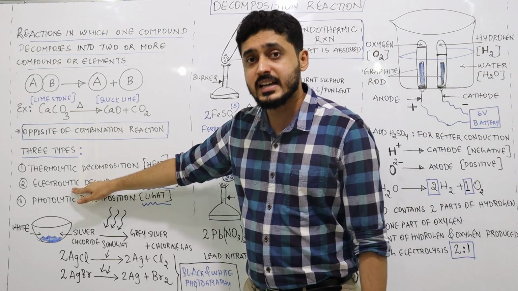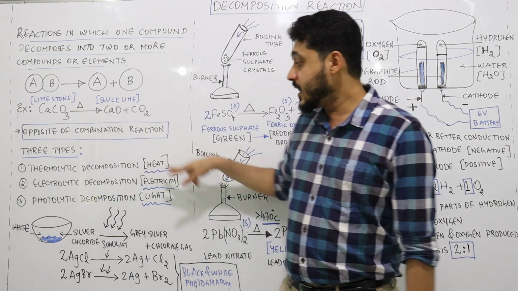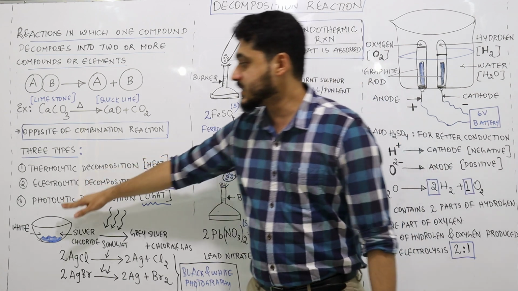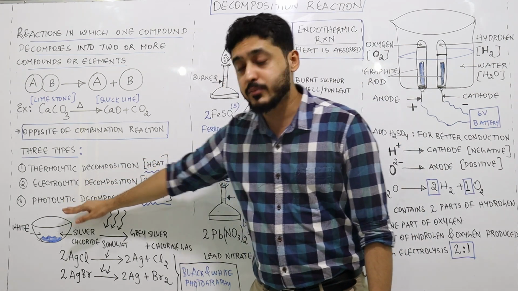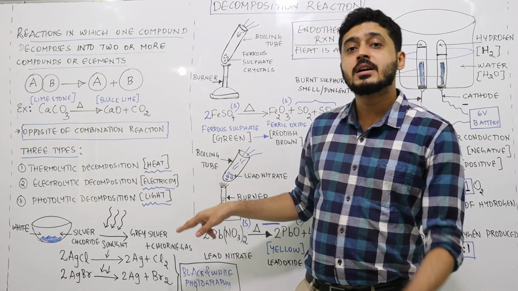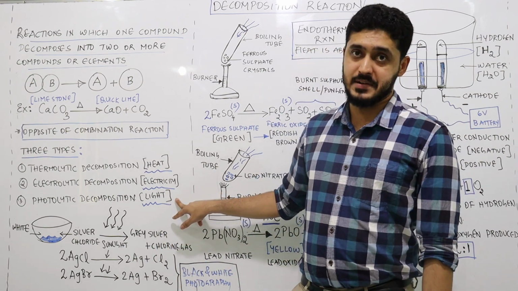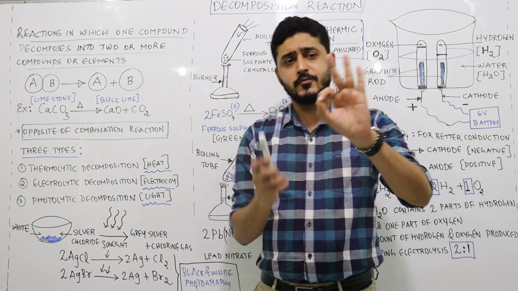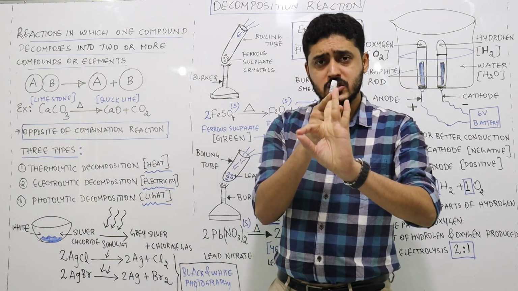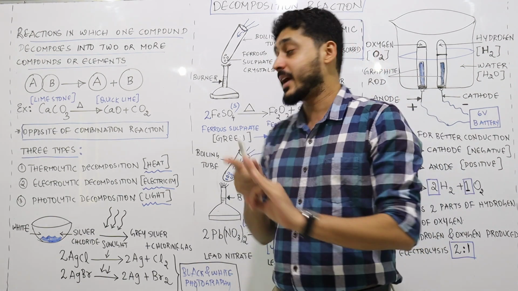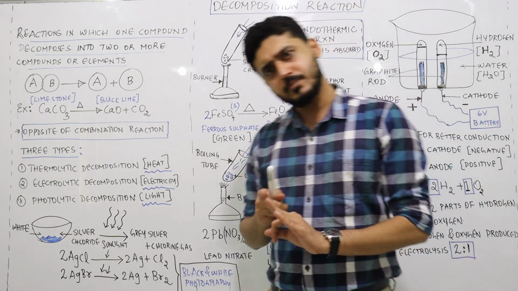The second is electrolytic decomposition, where you give energy in the form of electricity. And the third is photolytic decomposition, where the compounds get decomposed with the help of light. So for decomposition you use 3 kinds of energy: heat, electricity, and light.